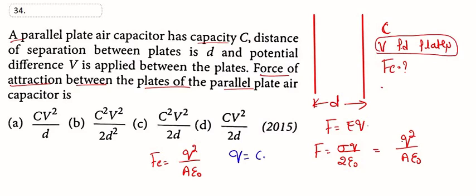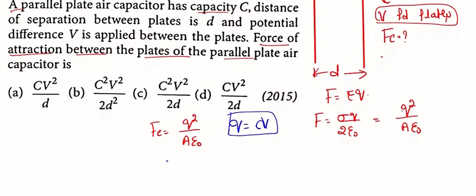Q is equal to C into V, since the potential difference is applied. So the electrostatic force is equal to C square V square divided by A epsilon naught.